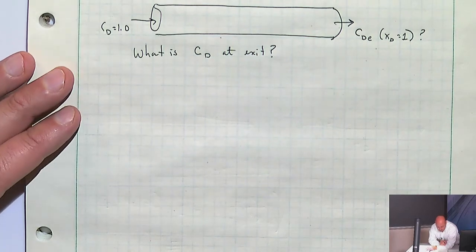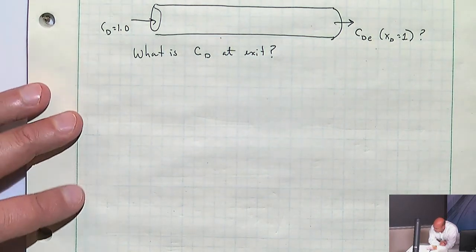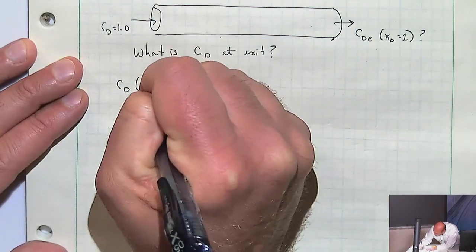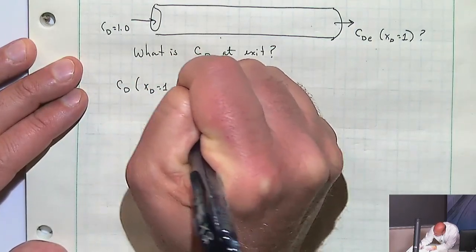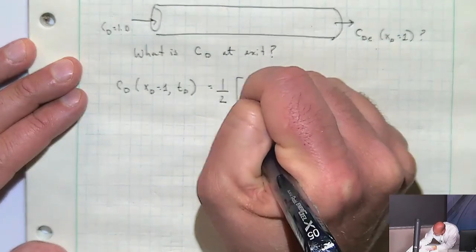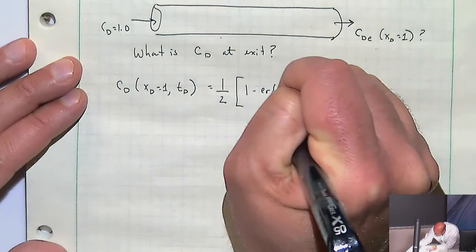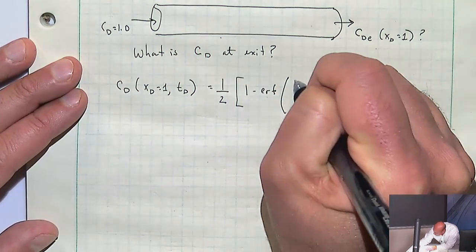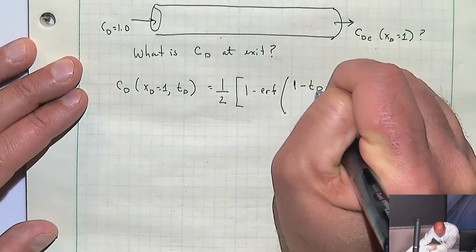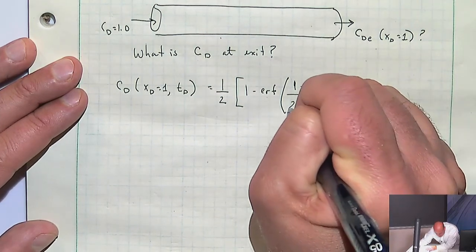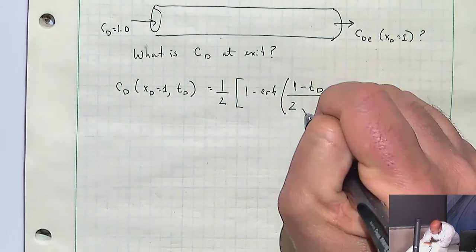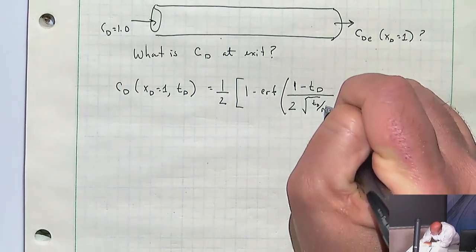Okay. Well, I can just plug that into the formula. I can put in XD is equal to 1. So if I did that, I would say CD at XD is equal to 1, and at all times TD, I get 1/2 times 1 minus the error function of, now it was supposed to be XD, but XD is 1, so it's 1 minus TD divided by 2 times the square root of TD divided by the Peclet number.